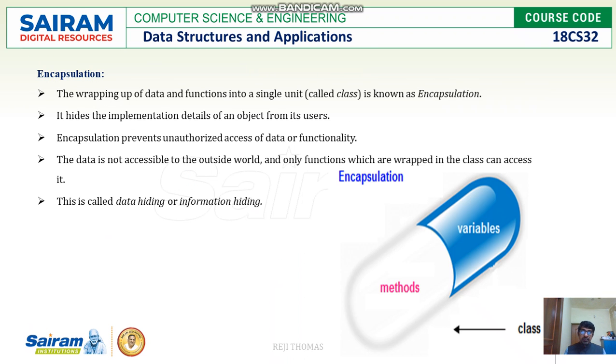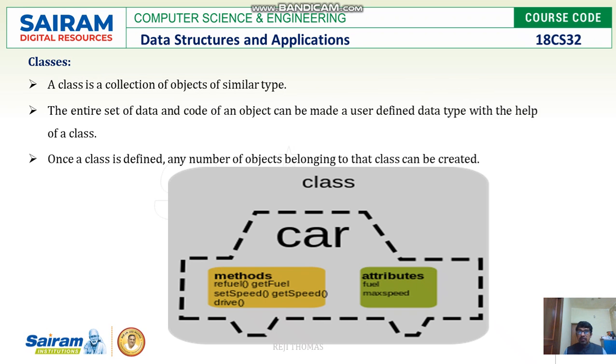Let us see the next important thing, which is class. A class is a collection of objects. You can see a class on the screen, and we named it car, where you can find methods. The methods are the functions, and we have other attributes like fuel and maximum speed.